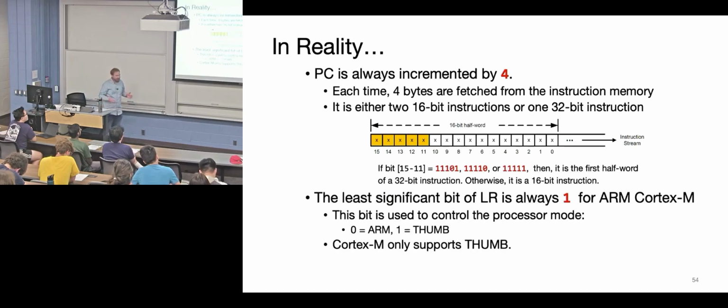Another interesting piece of information here is that the least significant bit of the link register is always 1 for the ARM Cortex. It's telling the processor what mode to operate in, whether it should be in thumb or ARM instructions, but your particular microcontroller only does thumb. Because the lowest bit of the link register doesn't matter, since you're always incrementing by 4, they reuse this bit to remind the processor what mode it should be operating in.